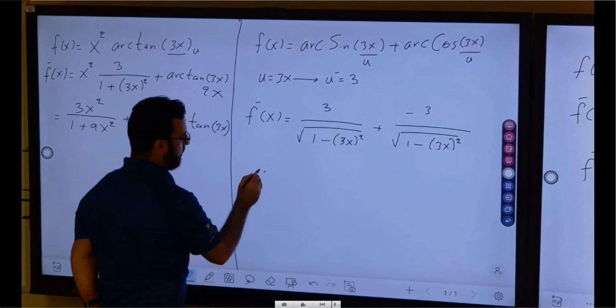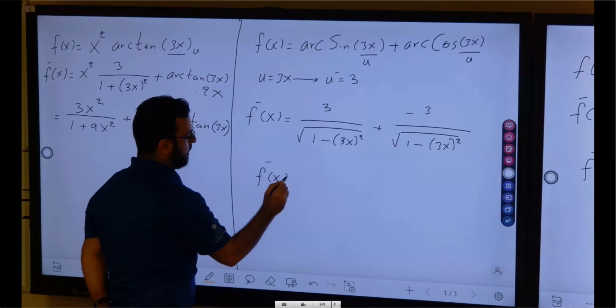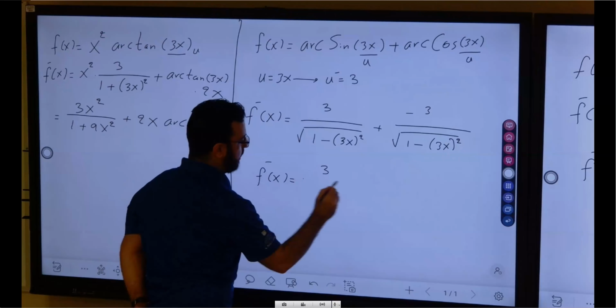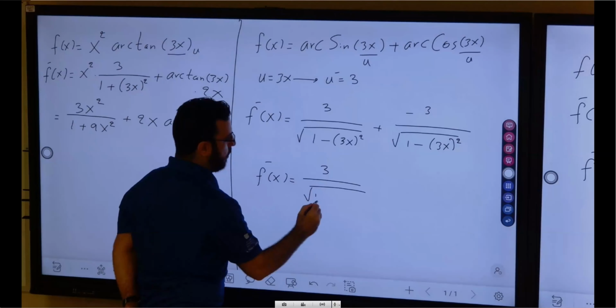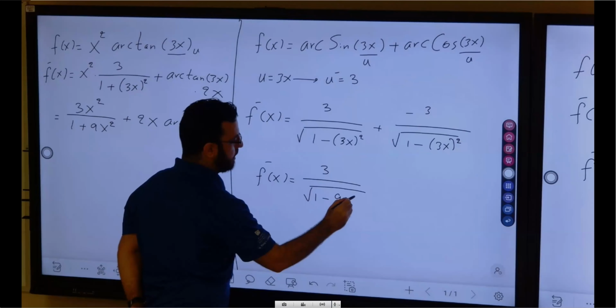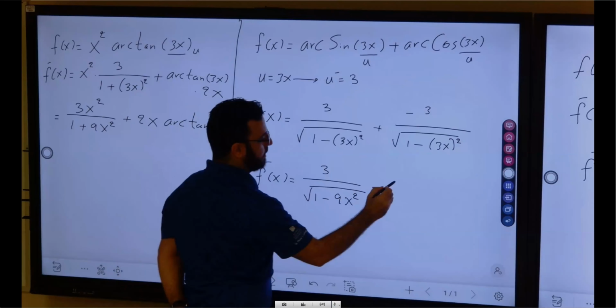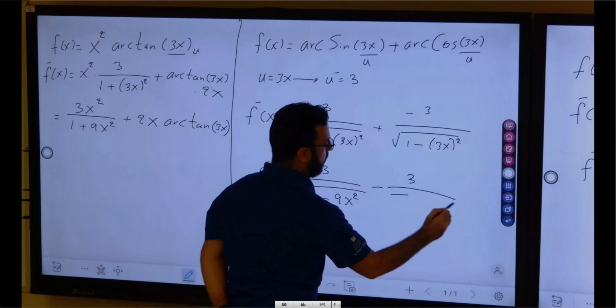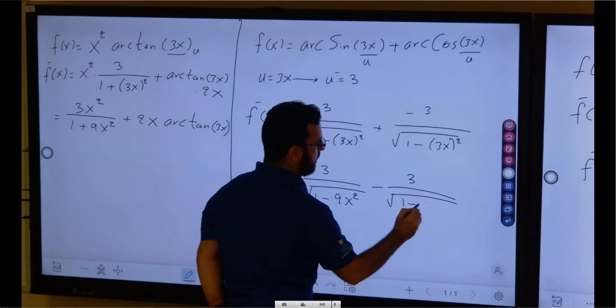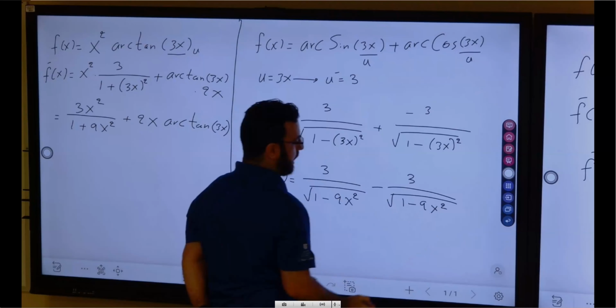It's going to simplify. 3 over 1 minus 9x squared minus 3 over 1 minus 9x squared. Can we simplify it?